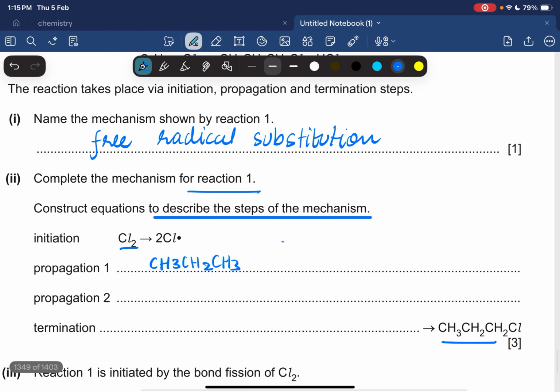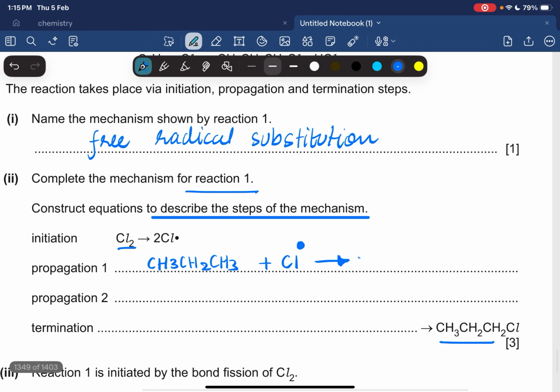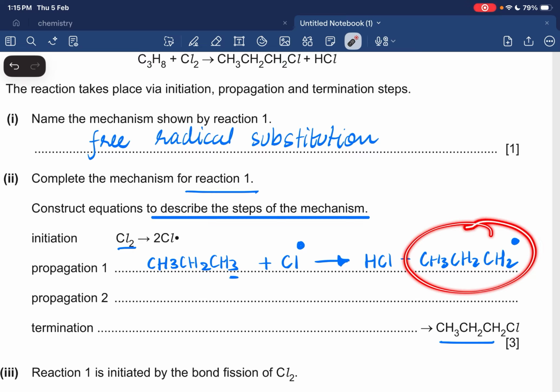And we're going to make it react with the chlorine free radical. And when we make it react with the chlorine free radical, what are we going to form? We're going to form HCl, right? And a hydrogen is going to be plucked out from the first carbon, you can say. So you're going to form CH3, CH2, and then a CH2 radical, right? In the second reaction, we're going to make this CH2 radical react with the chlorine molecule.